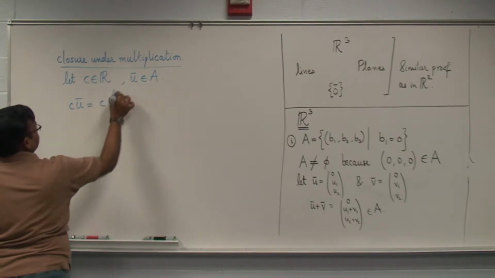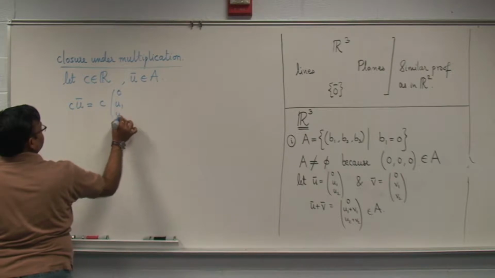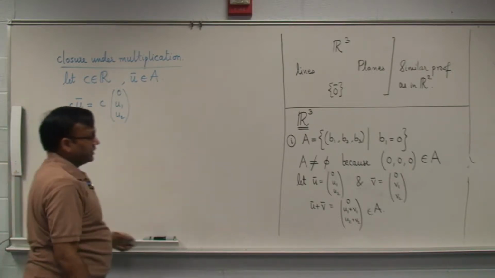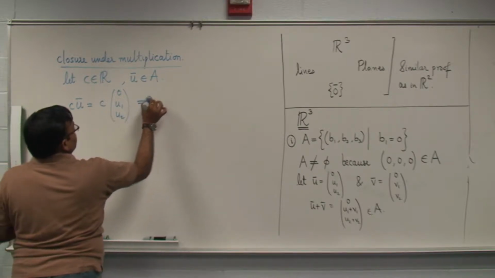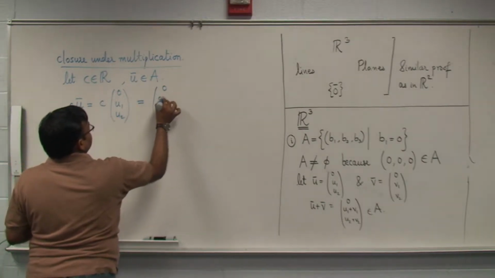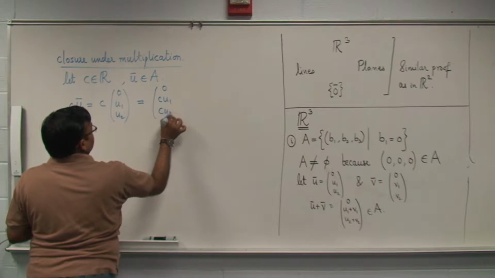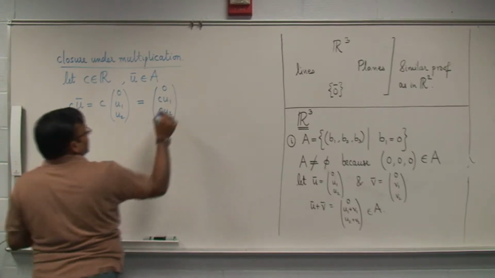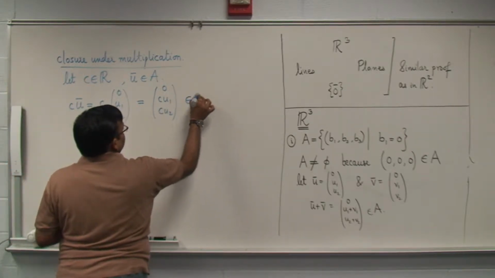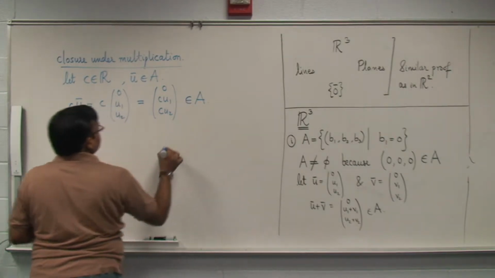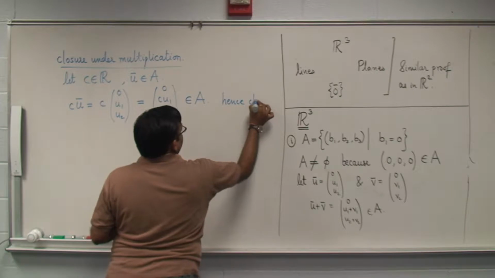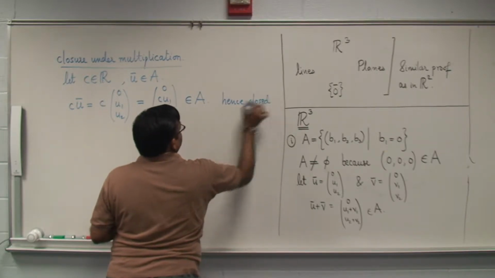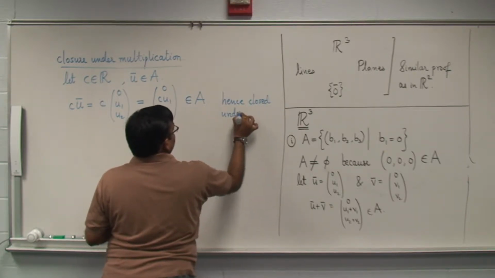So this will be C times (0, u1, u2). It is the same u that I am using from the previous argument. Using the scalar multiplication in R2, you get this. And since the first component is 0, that means this guy belongs to A, and hence it is closed under multiplication.